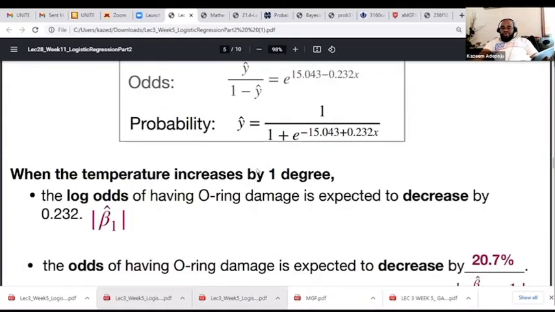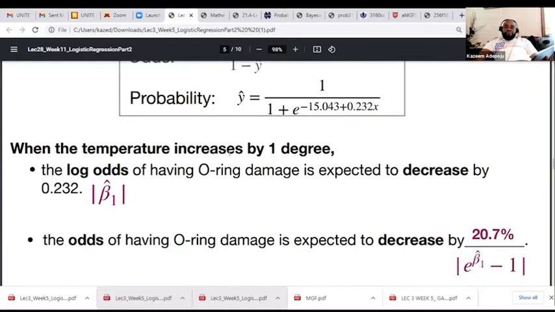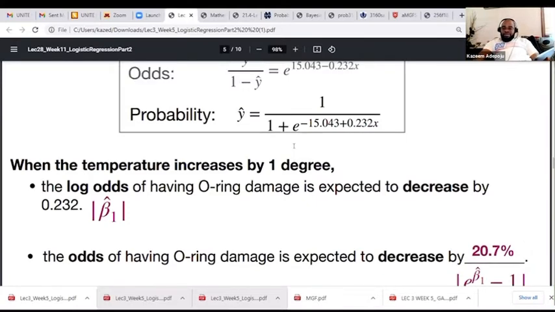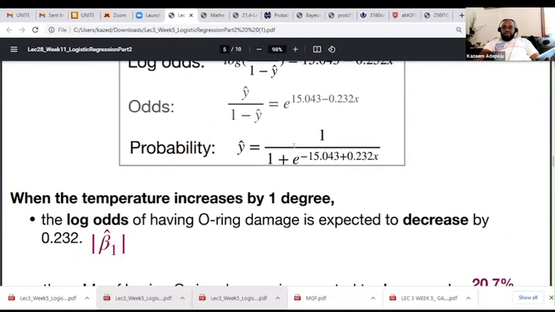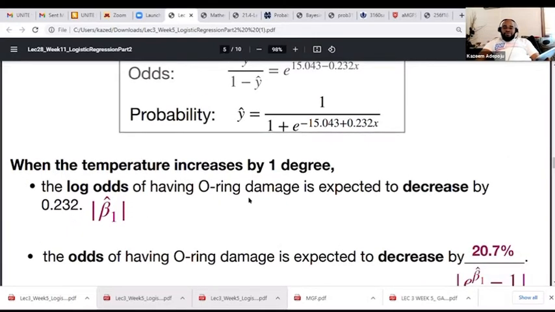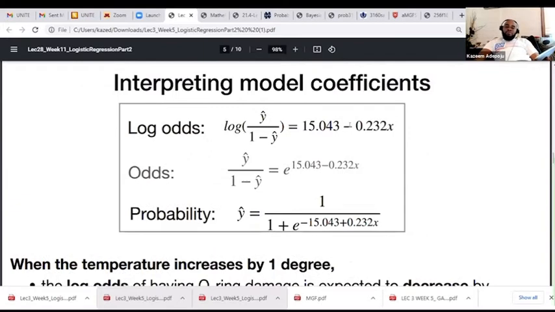Okay, there's something I want to talk about right now. When the temperature goes up by 1 degree, how does that affect the log odds? The log odds of having O-ring damage is expected to decrease, and we know that because we got a negative sign right here. But the question now is, by what magnitude is it going to change?